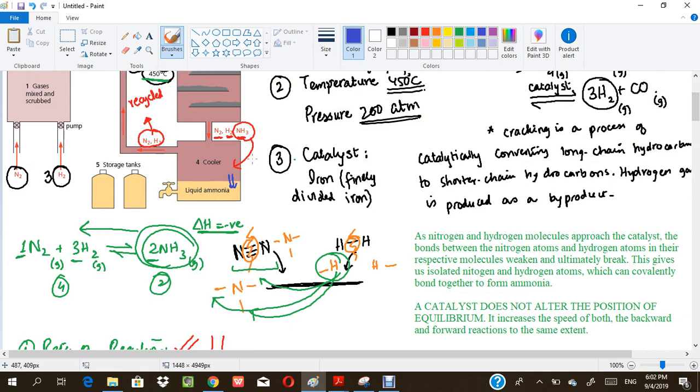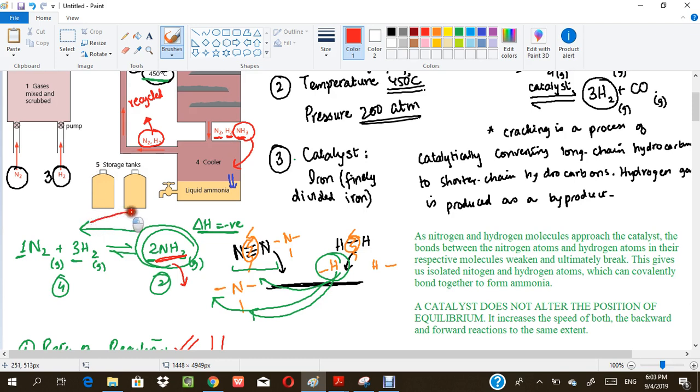And how does this shift the equilibrium in favor of the forward reaction? Let's take a look here. It's a reversible reaction, right? So we remove any ammonia that is formed. This means that we are reducing the amount of ammonia here. Now, if we reduce the amount of ammonia, the equilibrium will shift in a direction that increases the concentration of ammonia.